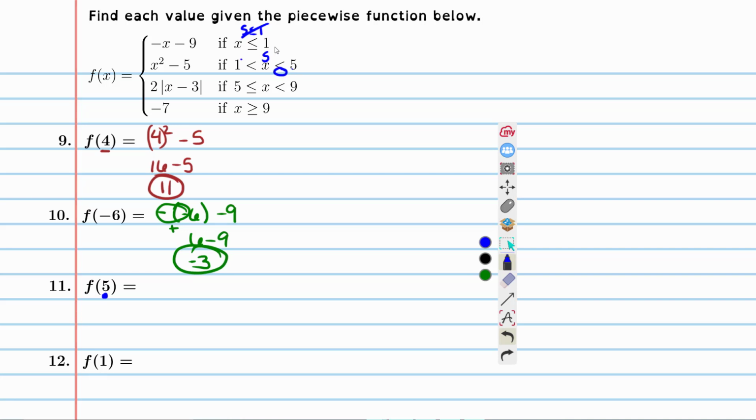It's not equal to 5, so no. Is 5 between 5 and 9, where it could be equal to 5? Yes. So 2 times the absolute value of 5 minus 3. So 2 times the absolute value of 2, which is 2 times 2, which is equal to 4. That's your answer.